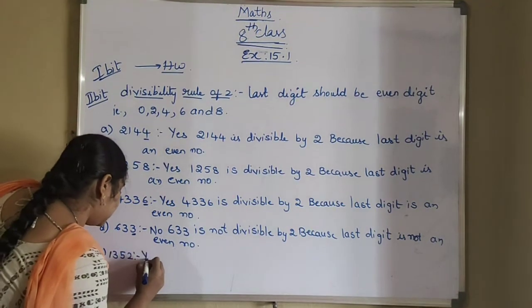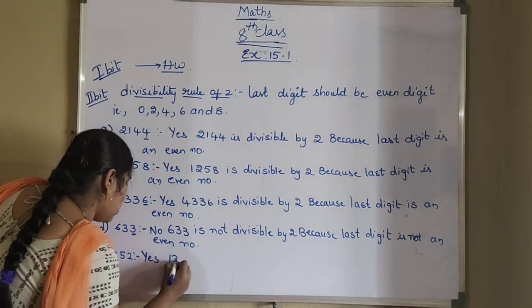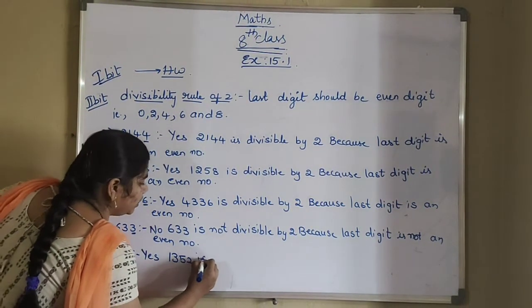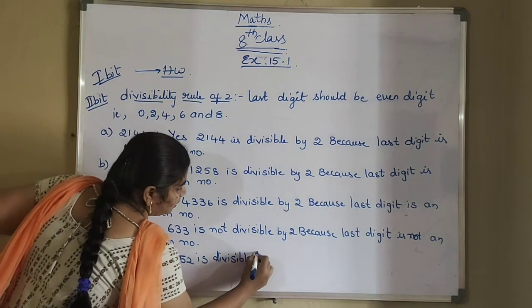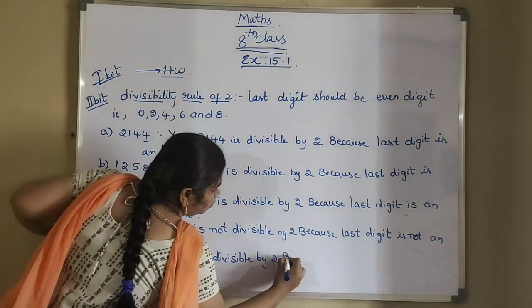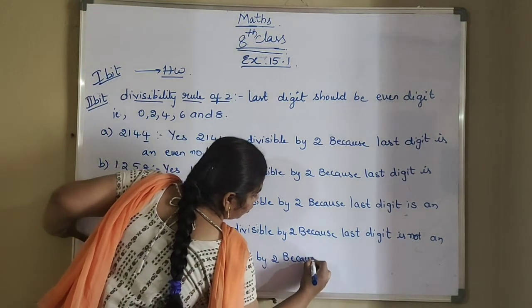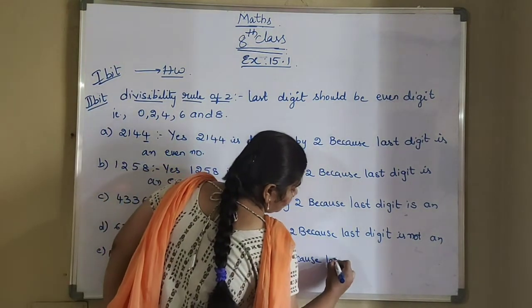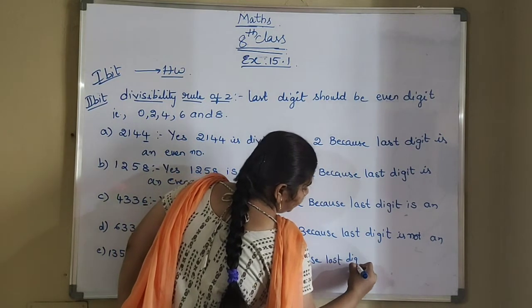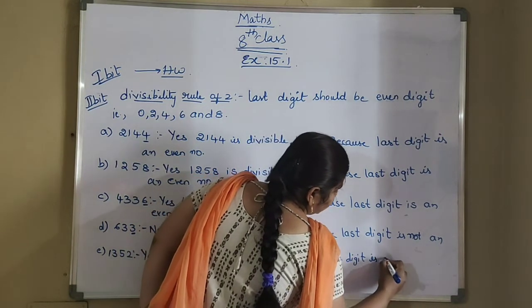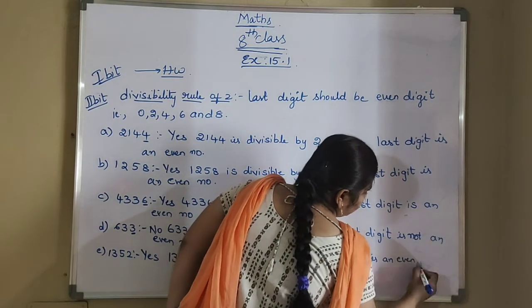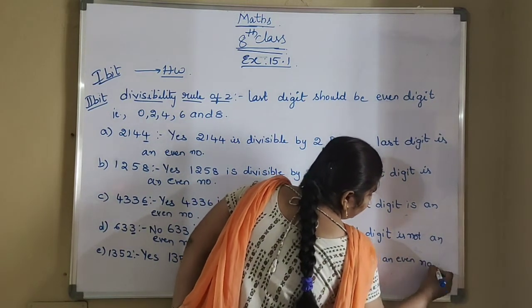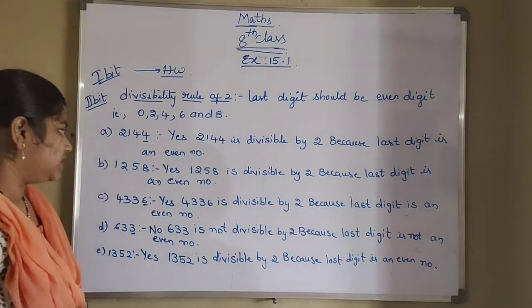So yes, 1352 is divisible by 2 because last digit is an even number.